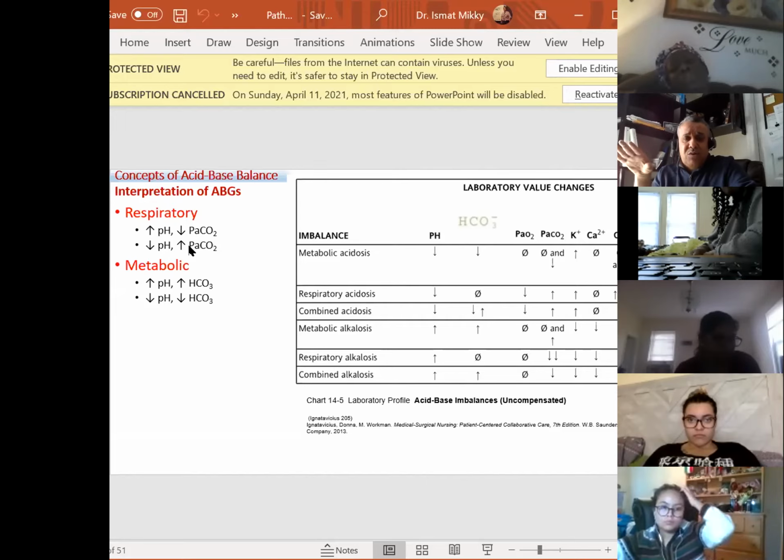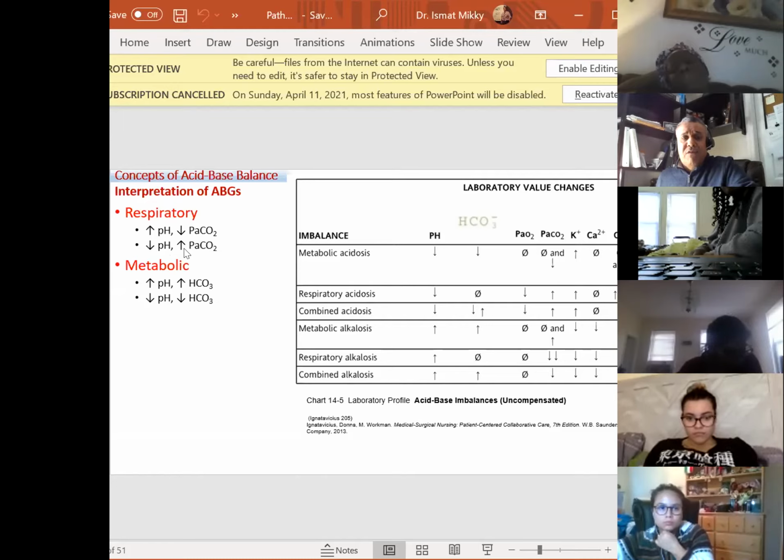That's because the CO2 dropped, then the pH will go up. That's alkalosis. The second example, down here, is where the PaCO2 had increased to, let's say, 52, and then the pH will drop to 7.31. So this one will be respiratory acidosis, and this one is respiratory alkalosis.